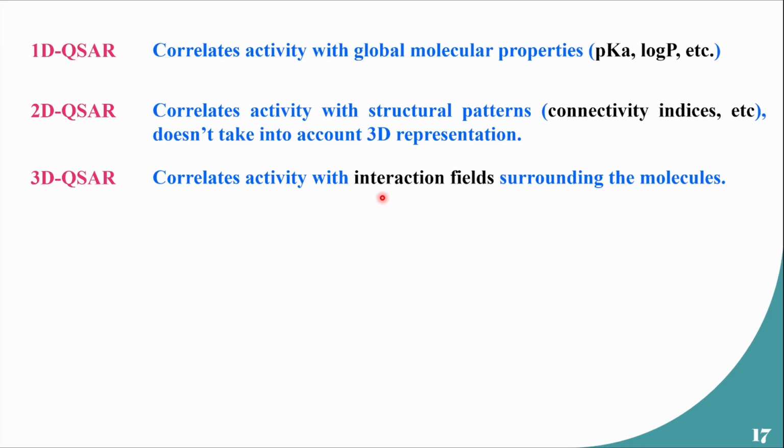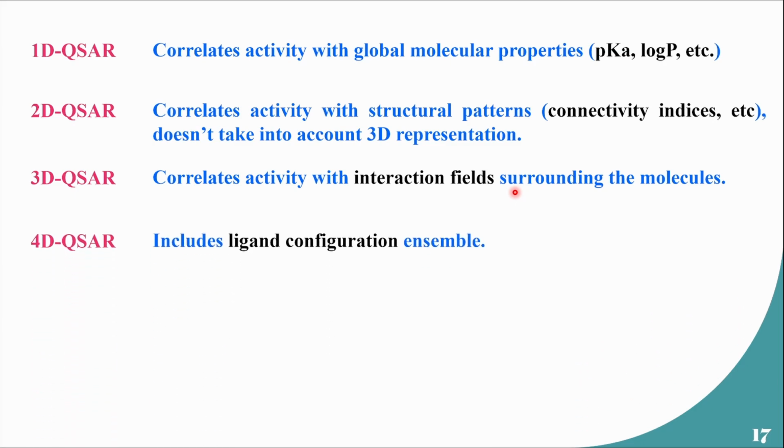So 3D QSR is what the earlier question was talking about, and what was unique about it was that it takes into account the surrounding molecules and the interaction fields, because we take into consideration the 3D structure while studying 3D QSR.